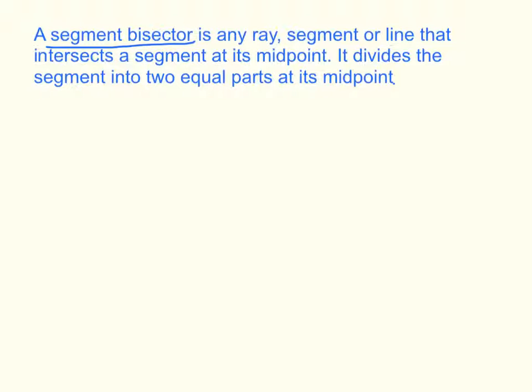Our next vocab word is a segment bisector. Before you even write this down or look at it, I'm just going to draw something for you. I'm going to draw a segment. We're going to call it AB. M is the midpoint. I then am going to draw a line. Now, the line is a segment bisector. Well, what do you think that does? If the line is a segment bisector, what does the line do to the segment?